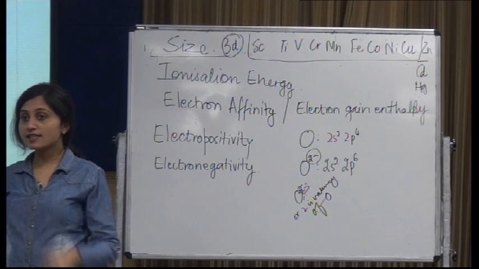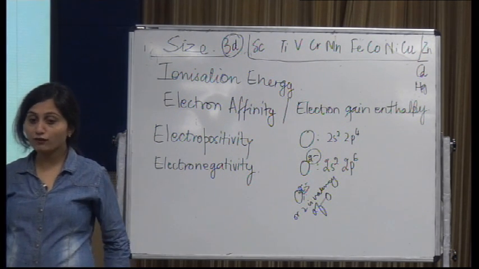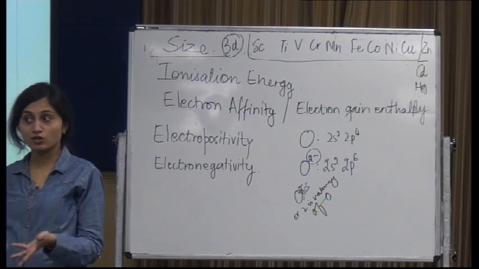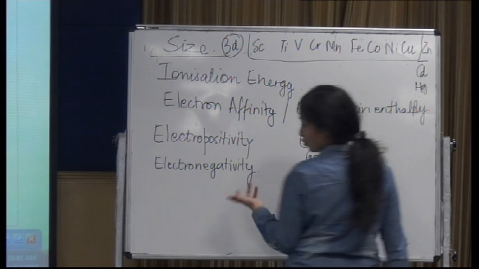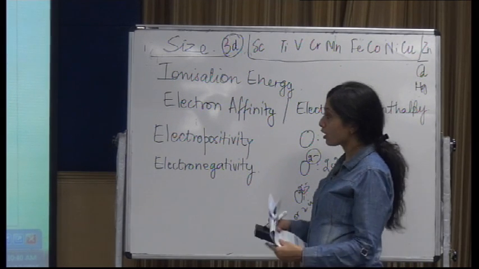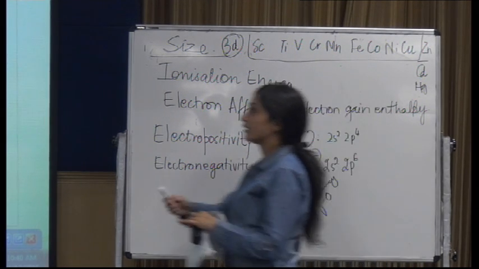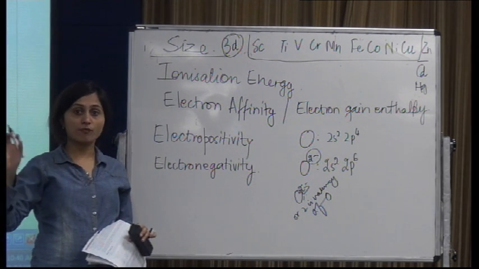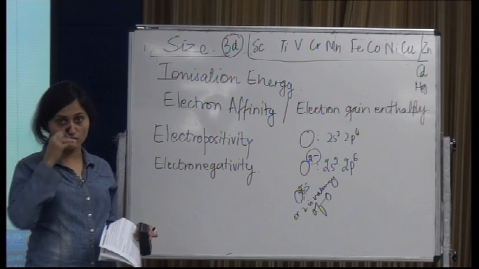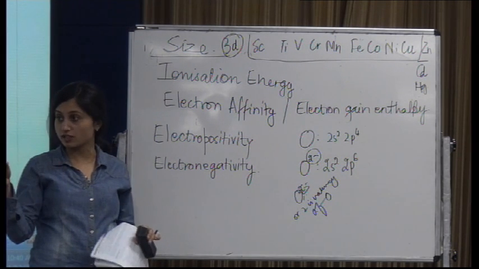The second reason is that they form compounds of variable oxidation states. Until now you were talking about oxygen, which is just -2. It needs only -2. But her question is why are transition elements given the name transition? They exhibit variable oxidation states also.